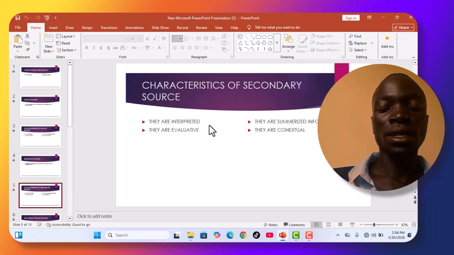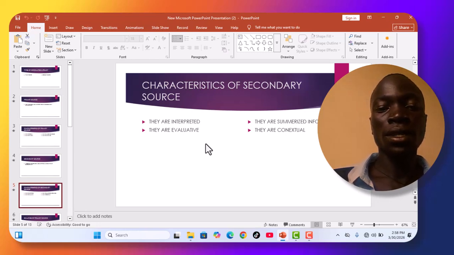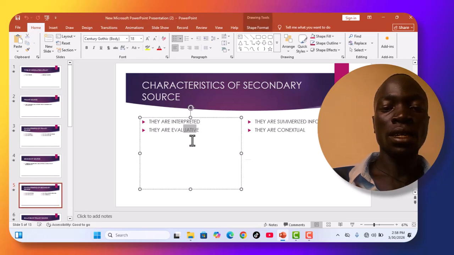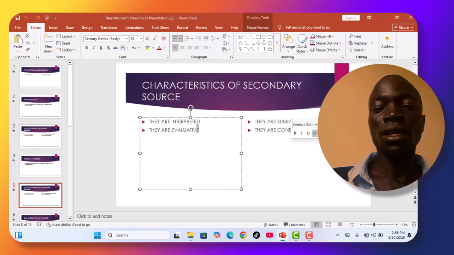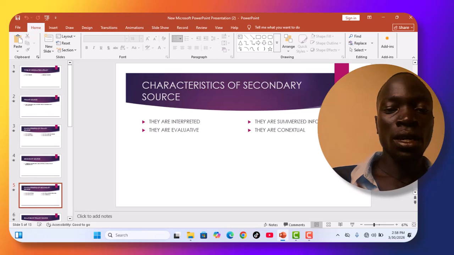They are interpreted, yes. Secondary sources are interpreted. That is like you are interpreting now the primary sources, and when you have interpreted, it becomes one of the secondary sources. They are evaluative, yes. They are effective, and they can also be corrected.